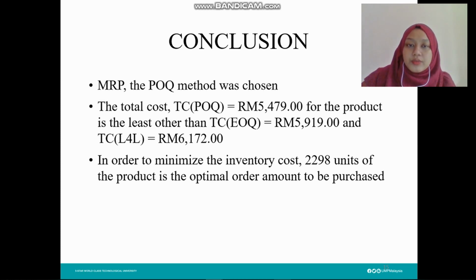So POQ is chosen. In order to minimize the inventory cost, 2,298 units of product is the optimal order amount to be purchased by our company, in order to not have excessive inventory in the future.